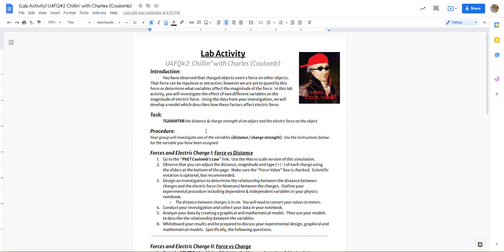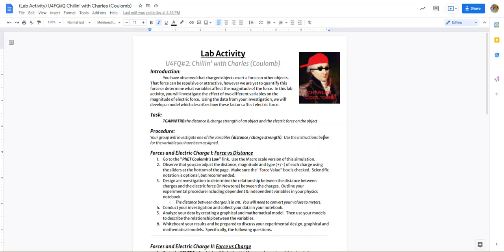Your group is going to get one of the variables. It will either be distance or charge strength. Then you are going to design a procedure to determine how changing that variable affects electric force, and then we'll do graphical and mathematical models and share our results.